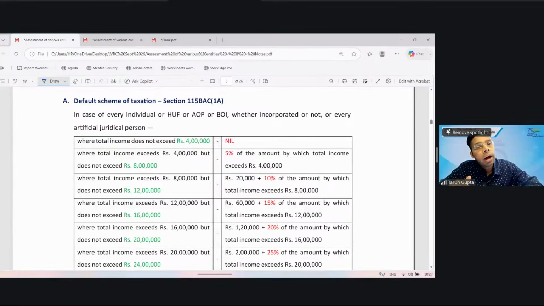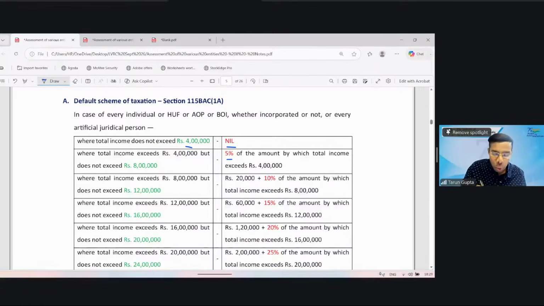Under the new regime, there is no tax up to rupees 4 lakh. And on every additional 4 lakh of income, the tax rate is charged from 5% and keeps on increasing by 5%. So if your total income is up to 4 lakh, no tax. If your total income exceeds 4 lakh but is up to 8 lakh, 5%.